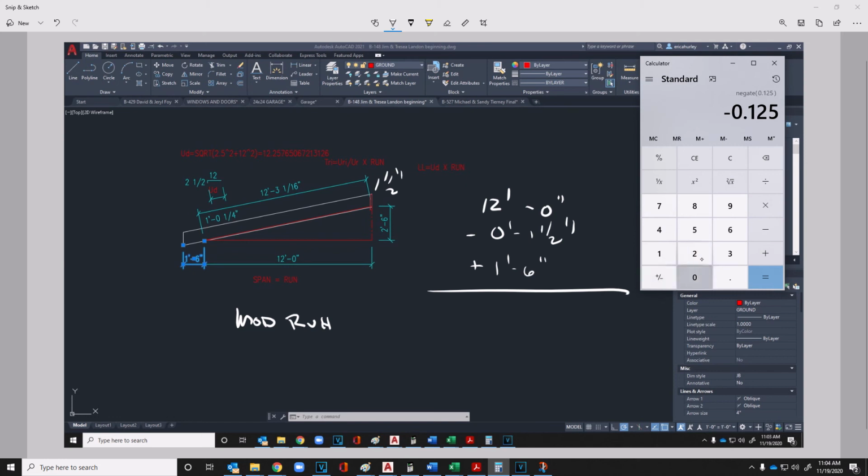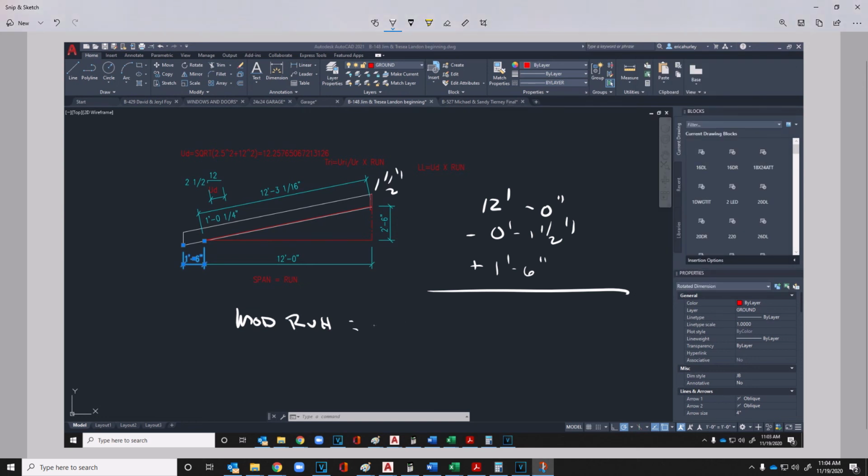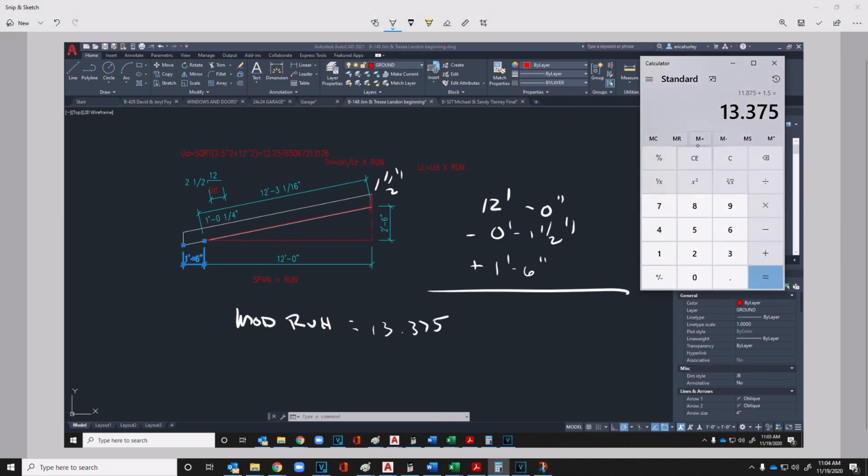All right, so I'm going to subtract that from 12 feet, and that gives me 11.875, and then I'm going to add this 1.5 feet for my overhang to end up with a modified run of 13.375. I'm going to keep that.